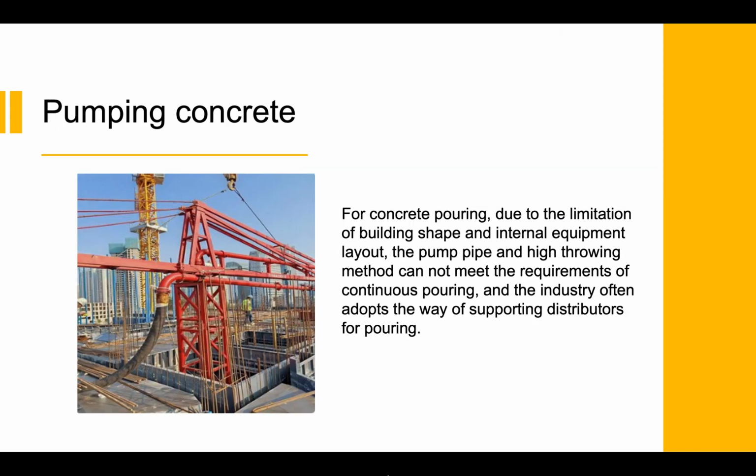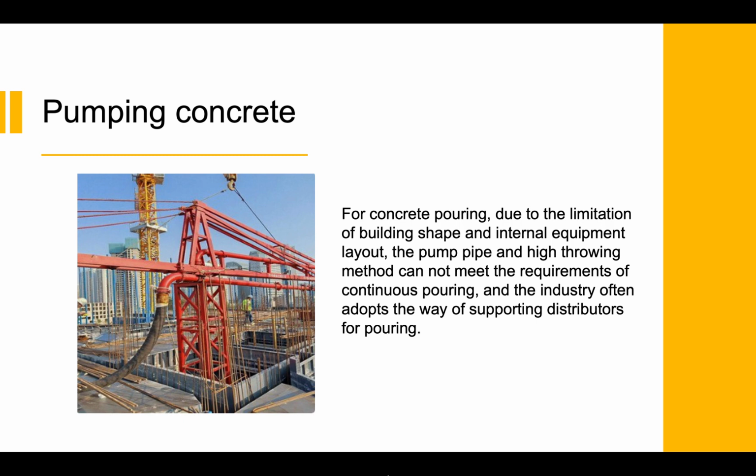For the concrete pouring of the core tube, due to the restrictions of the building shape and the layout of the internal equipment, the pump pipe and the high throttling method cannot meet the requirements of continuous pouring, and the industry also adopts the weight supporting distributor for pouring.